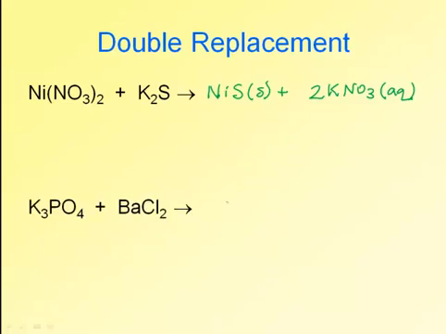Try this last example. Your products are KCl, with a 2 up here, and a 3, and a 6.